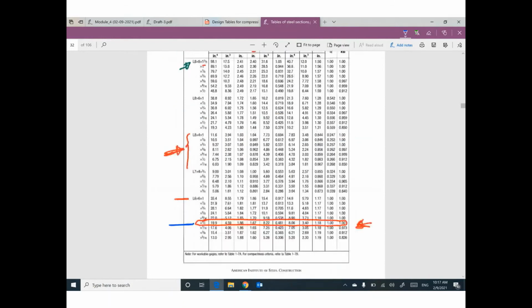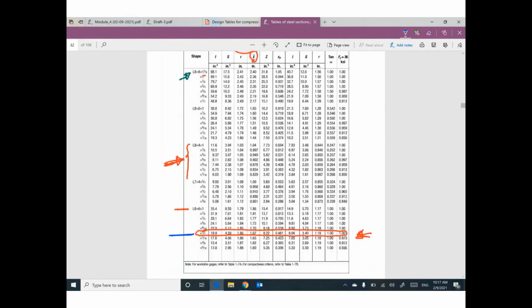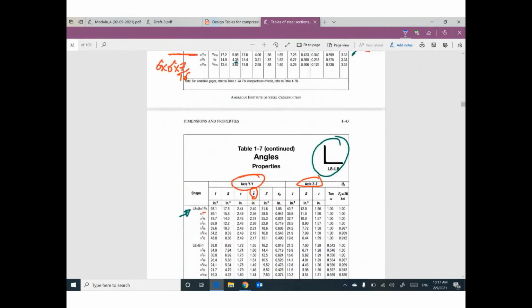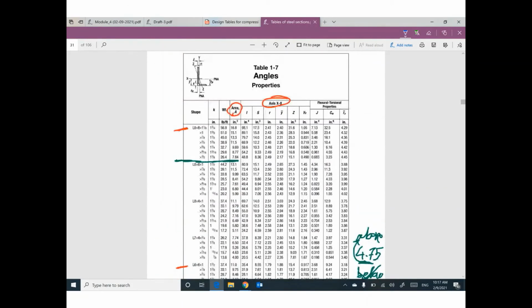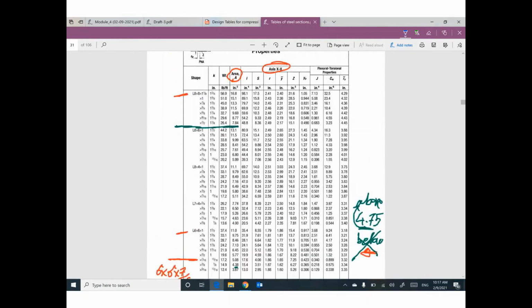This one. What is the value of I X? 19.9. This is for one angle.